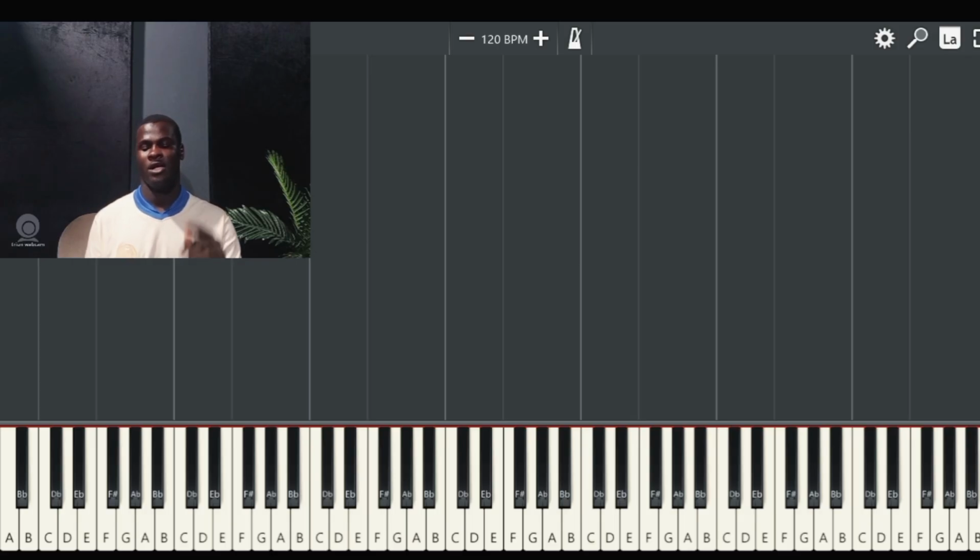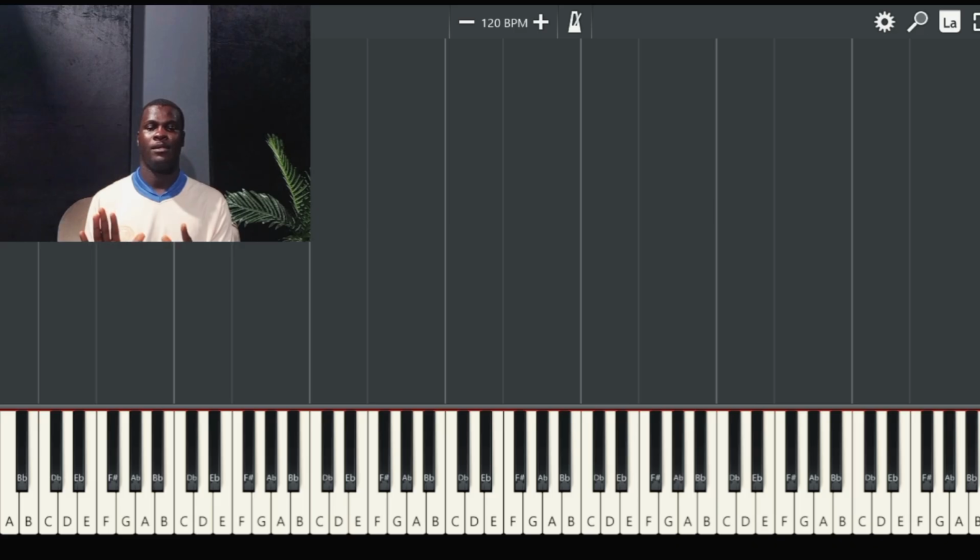You have the letter A, B, C, D, E, F, and G. Each of these letters is used to represent keys in music. So each key takes its name from one of these letters, depending on the particular key and the specific sound it produces.